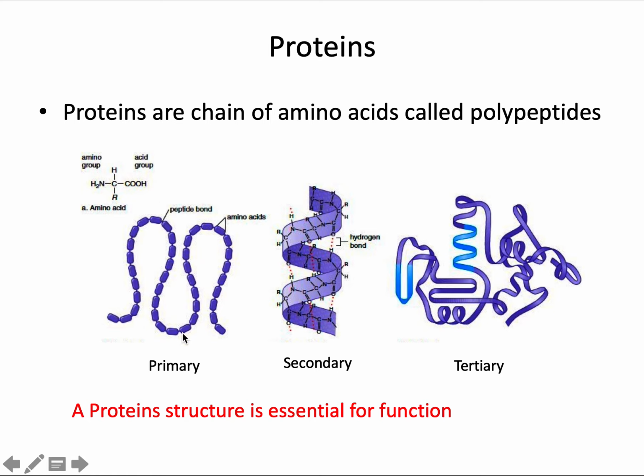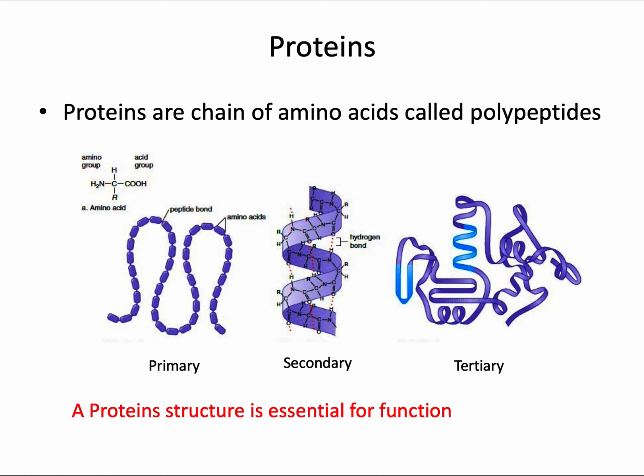So there is nothing fanciful about it. That's a primary. Then you have secondary proteins. Secondary proteins are folded and more like a helix. And so that's a secondary protein. And then you have tertiary proteins that are folded more into a 3D structure.